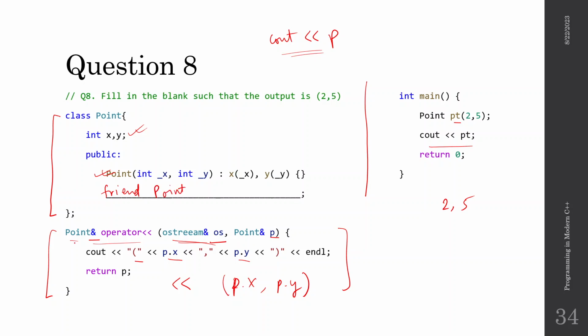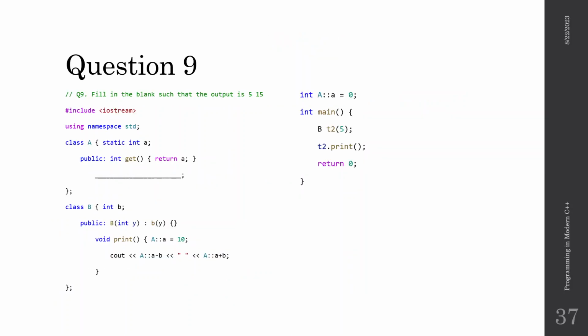So we have to write this function signature with the friend keyword, and this whole thing will come here. Moving on, so this is the next question.